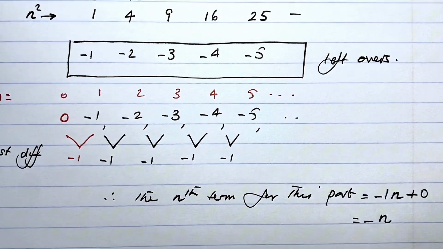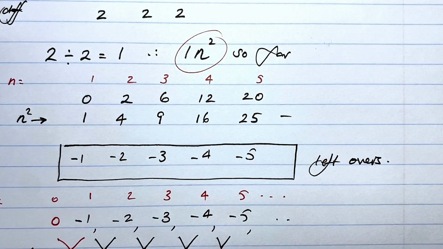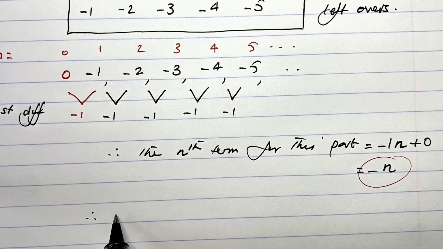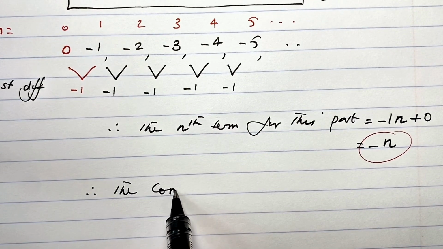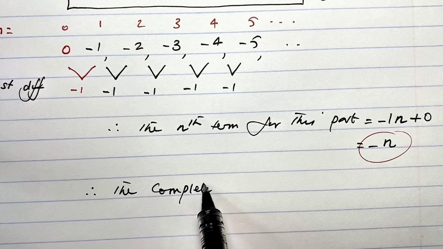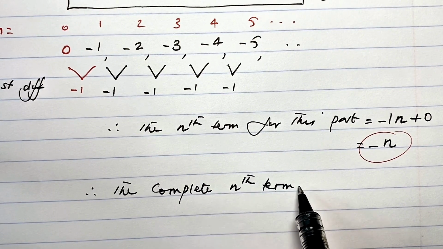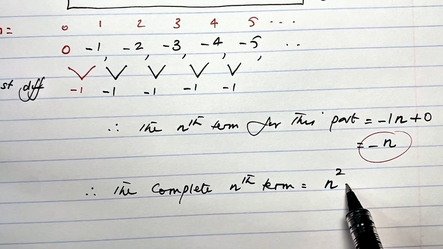Adding these two nth terms together to complete our nth term for the whole sequence. Therefore, the complete nth term equals n squared minus n.